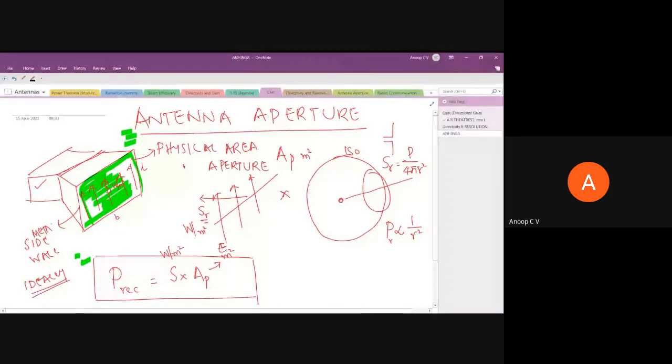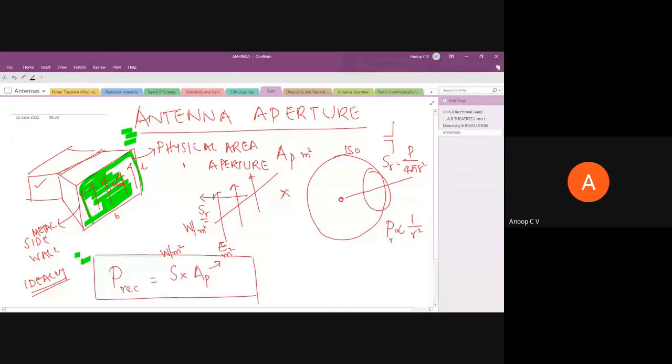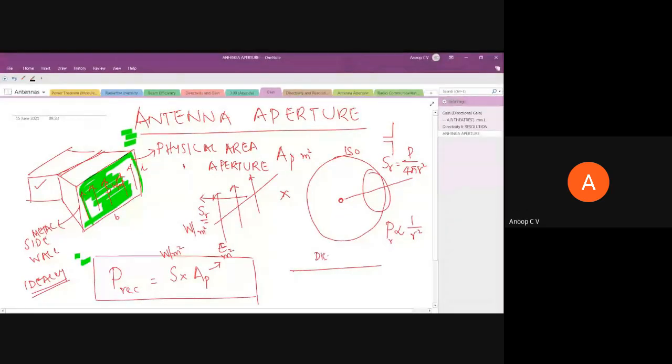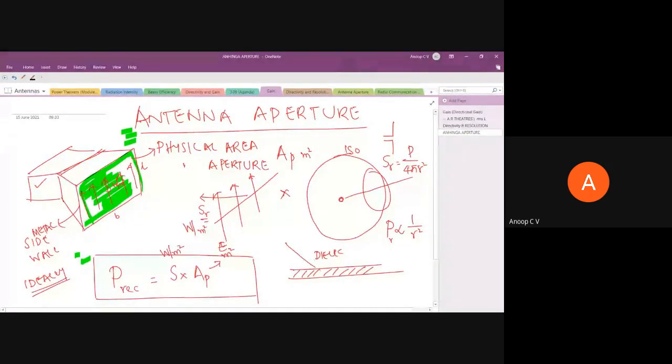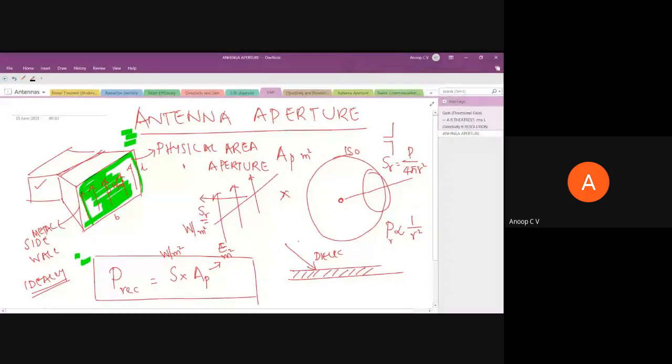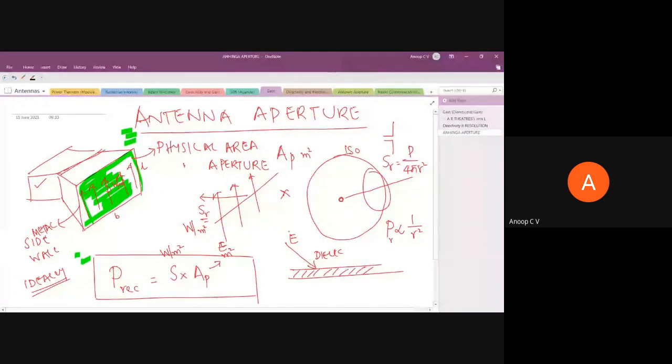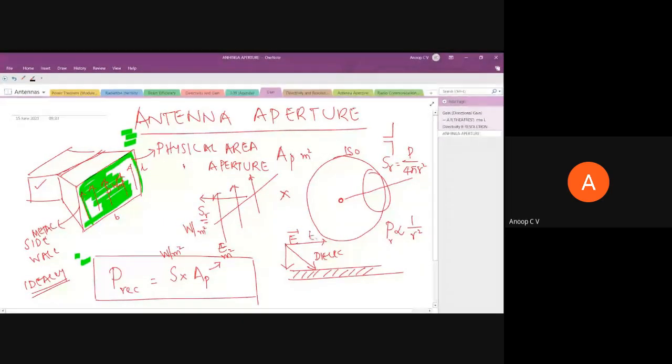You might be remembering, whenever an electromagnetic wave encounters a dielectric metal interface, I can resolve the electric field intensity vector into horizontal, or tangential, component and vertical, or normal, component: E tangential and E normal.